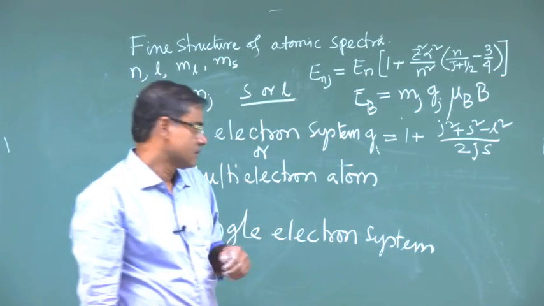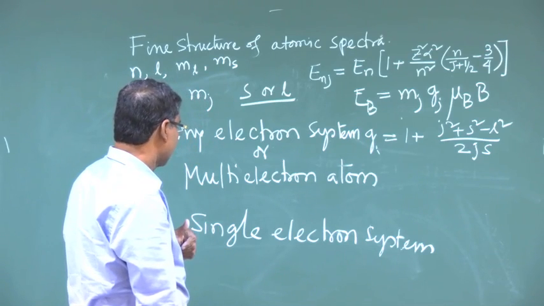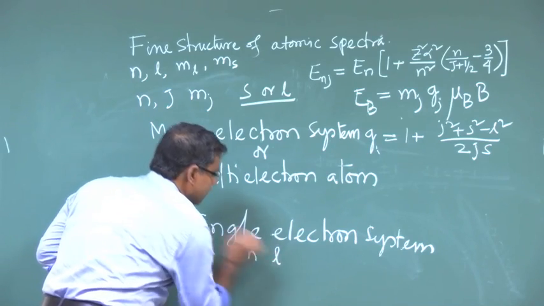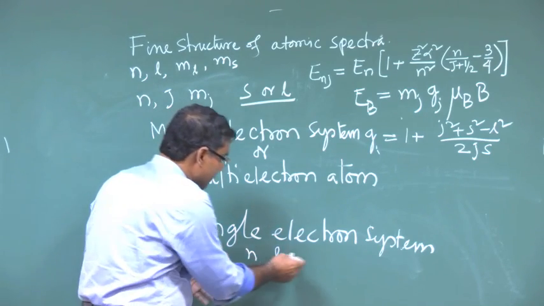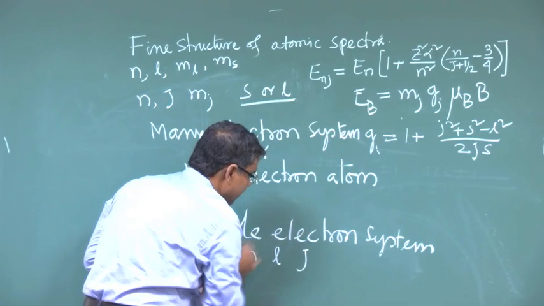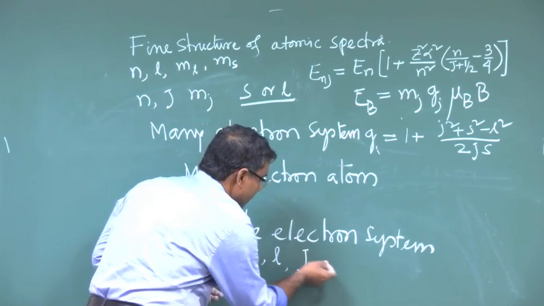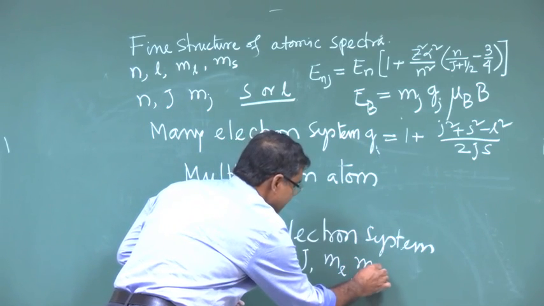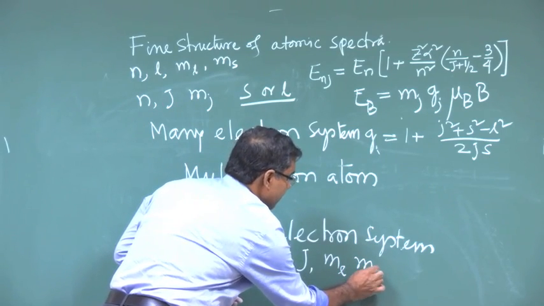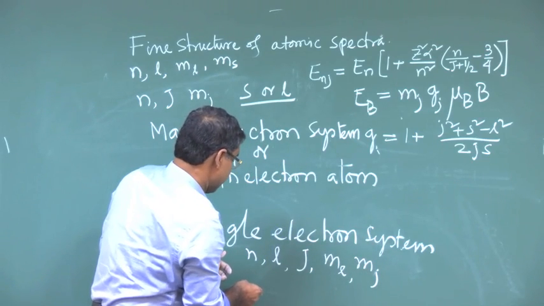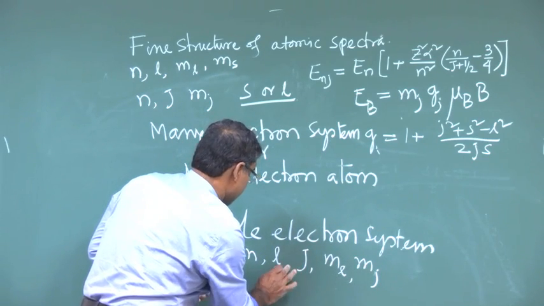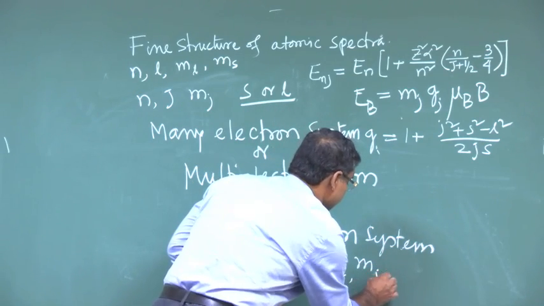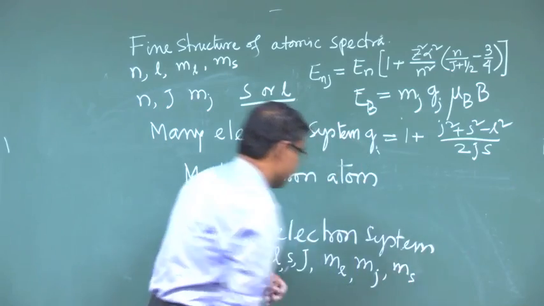Okay. And there we have seen what is N, what is L, okay, and what is J, what is ML, what is MS, MJ, and then let me write this is S, this is J, ML, MJ, MS, right.